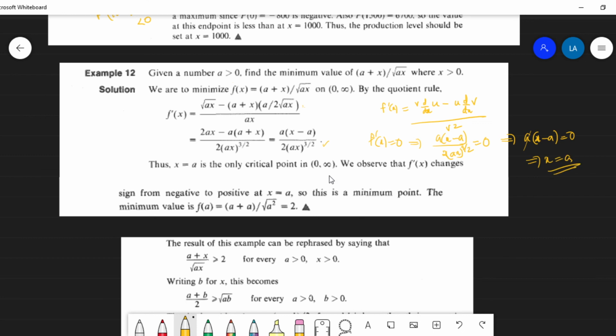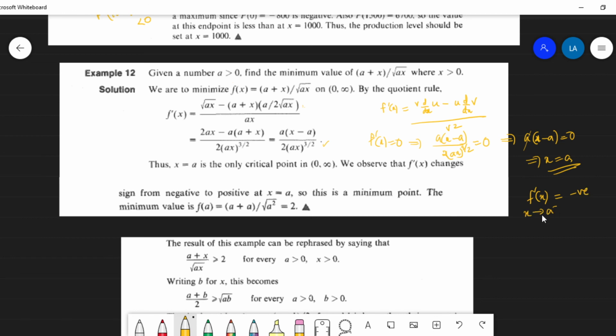And we can observe that f dash changes sign from negative to positive at x is equal to a. That is, f dash of x will be negative when x is approaching from the left.